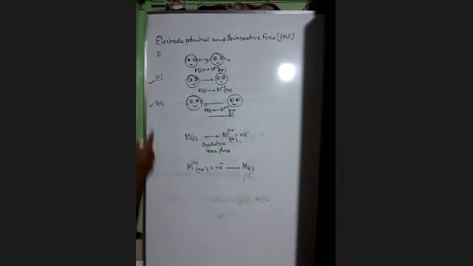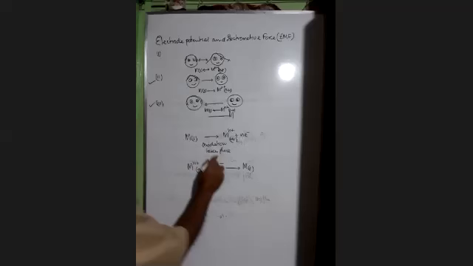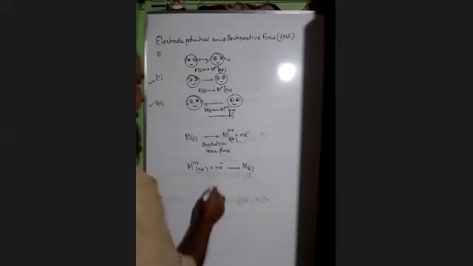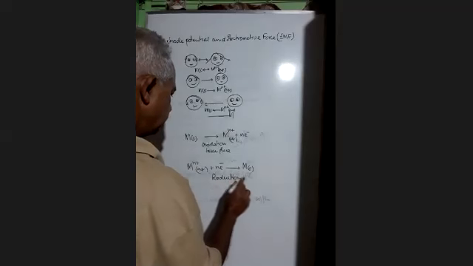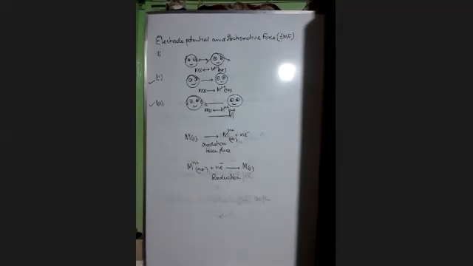So this is the third. Addition of electrons, what we call it? We call it reduction. Anyway, you need not write all these things. If you wish, you can write or need not write. All right. So these are the three possibilities.